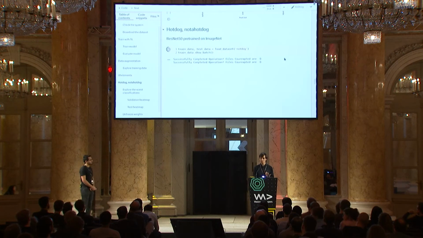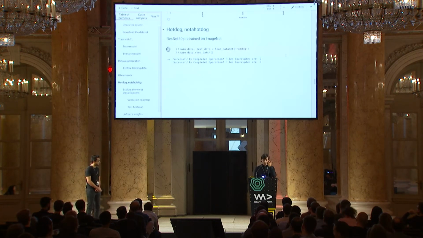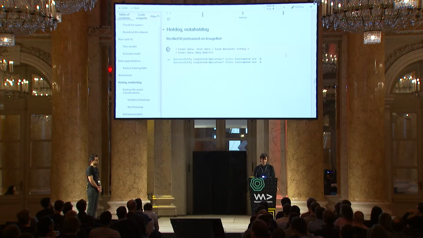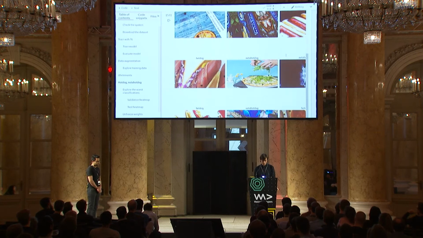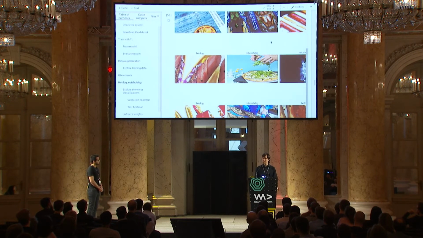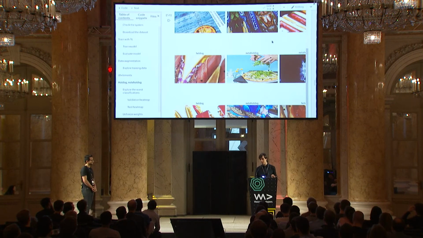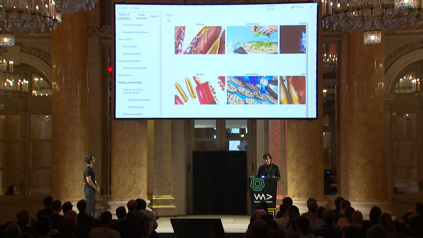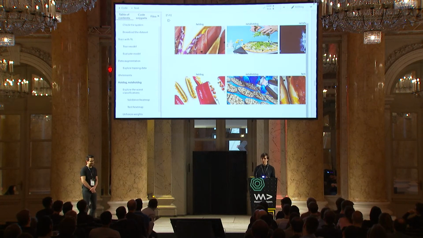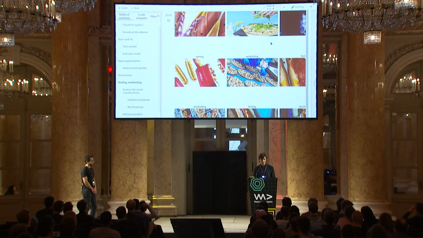We have two main categories, hot dogs and not hot dogs. The main contestant for not hot dog in this data set, as you will see soon, is pizza, because pizza is the greatest enemy of hot dogs. One could argue that it's basically a hot dog with a different shape, from Italy. But let's see what neural networks think of this and whether they can classify.